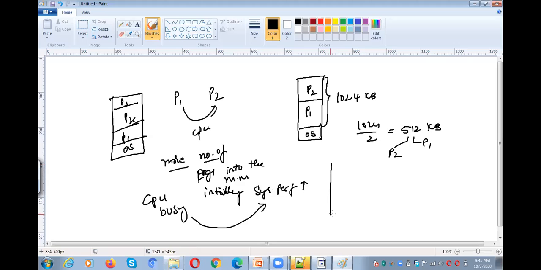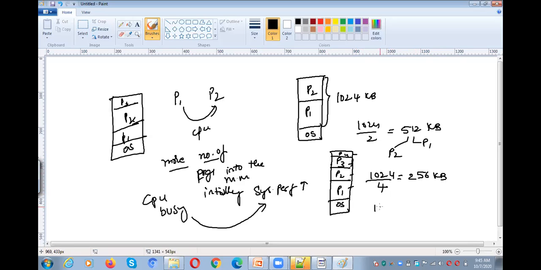What happens if you keep even more programs in the main memory? Say you increase it to 4. That means you want to increase the multi-programming. So 1024 by 4, because now we have 4 programs in the main memory. Each will get 256 KB.